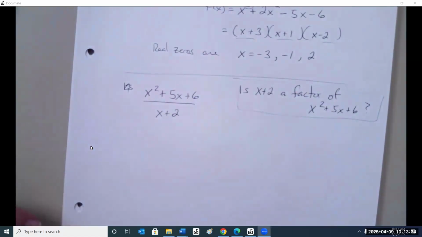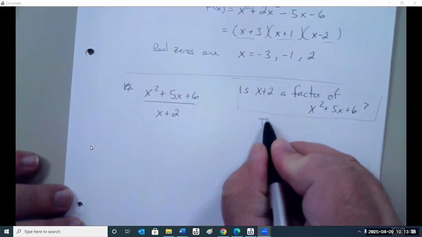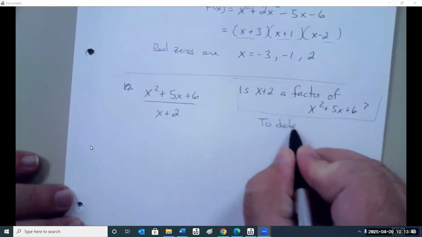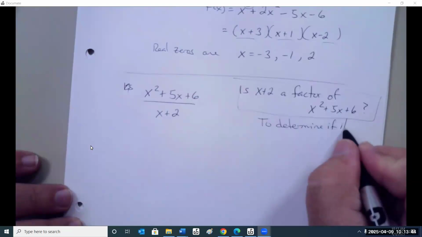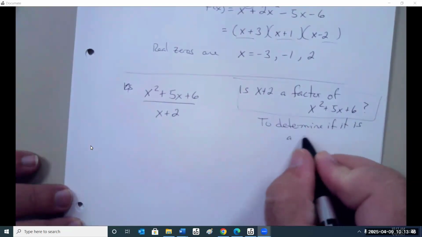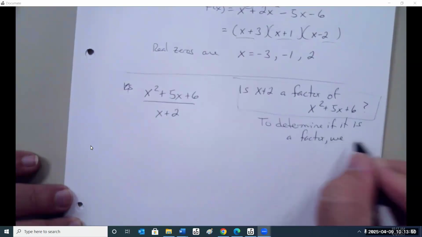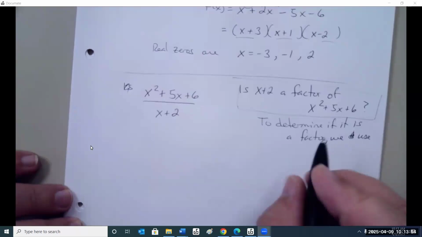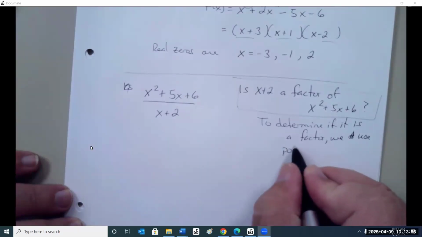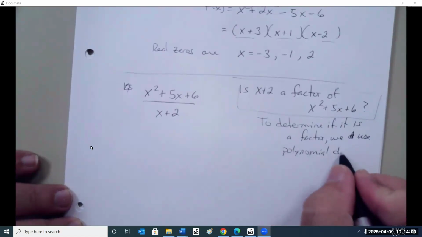To determine if it is a factor, we use polynomial division.